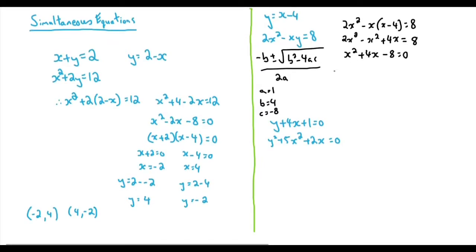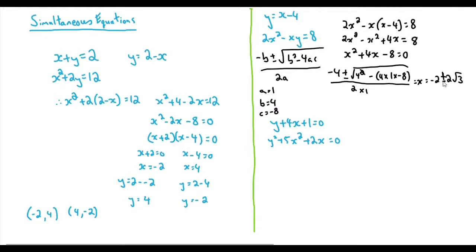Plugging this in, we get minus 4 plus or minus the square root of 4 squared minus 4 times 1 times minus 8, and this is all going to be over 2 times 1 to give us x, and from this we get that x is minus 2 plus or minus 2 root 3.